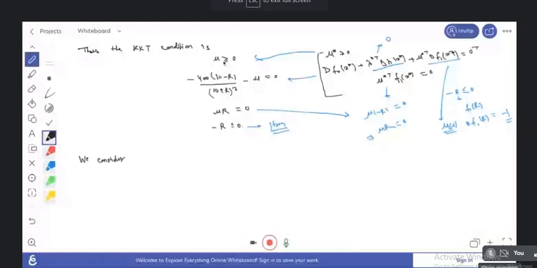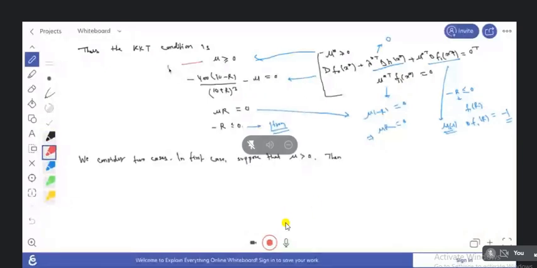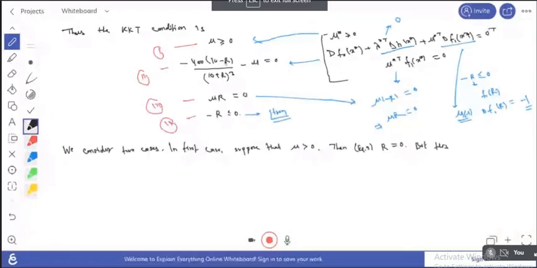Suppose this is your first equation. This is minus 4,000 upon 10,000, so this becomes minus 4. And the second equation.